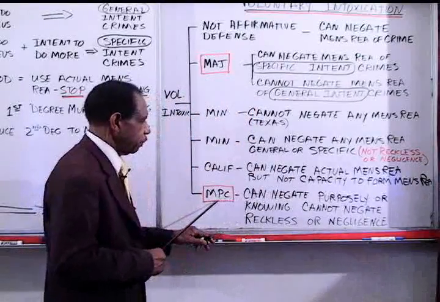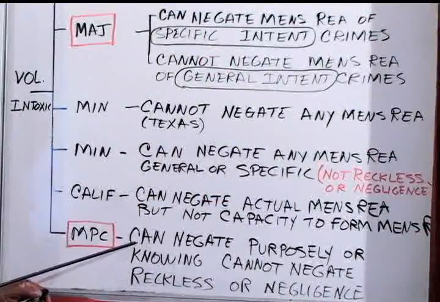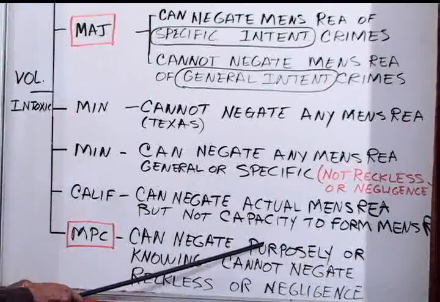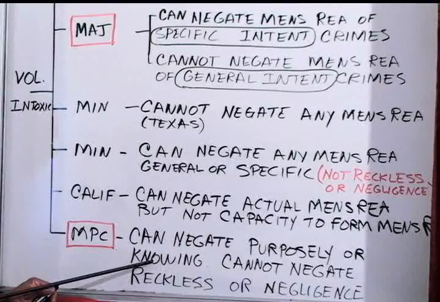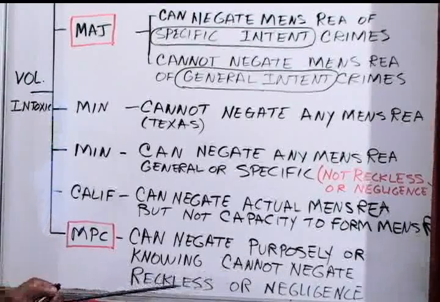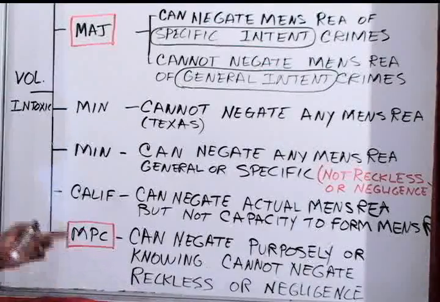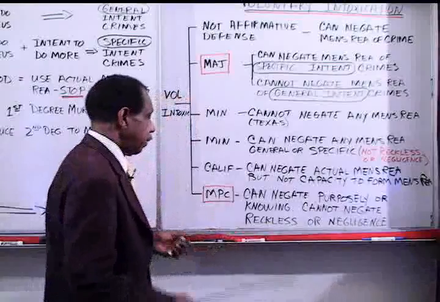And so if you have one of these new statutes, rather than the old ones we're talking about, that are in the language of the Model Penal Code, the rule is that voluntary intoxication can negate purposefully, because that takes some planning. It can negate knowingly, but it cannot negate recklessness or negligence.